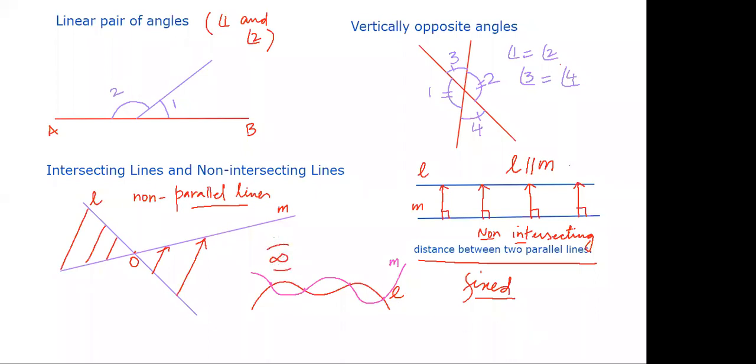Students, here one more interesting point. Normally students don't understand what is the distance between a point and a line or a line segment. Okay, see students, let me draw a line.